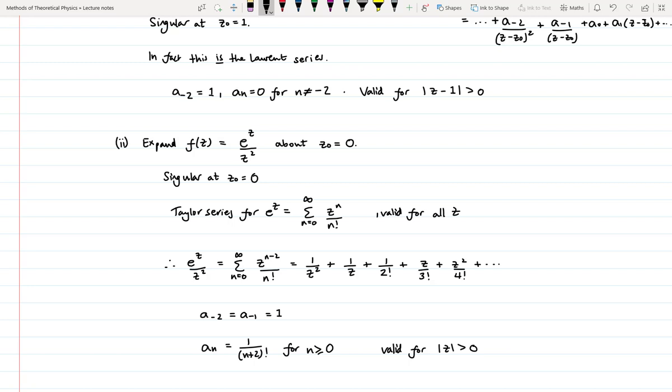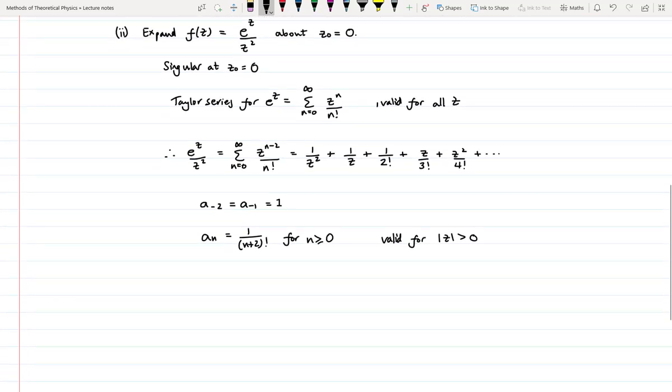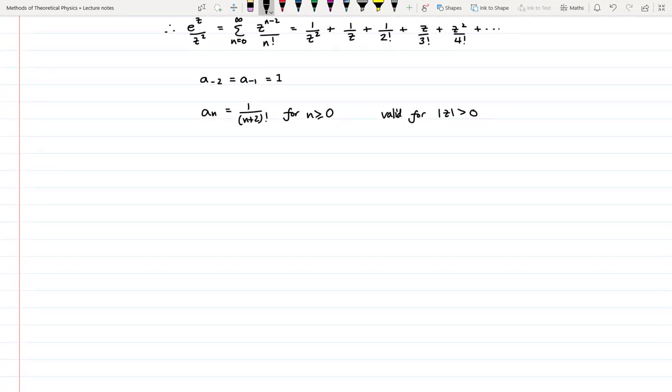These two examples have been relatively straightforward. The next one's a little bit more complicated. For our third example, let's consider expanding f of z is 1 over z times (1 plus z squared).